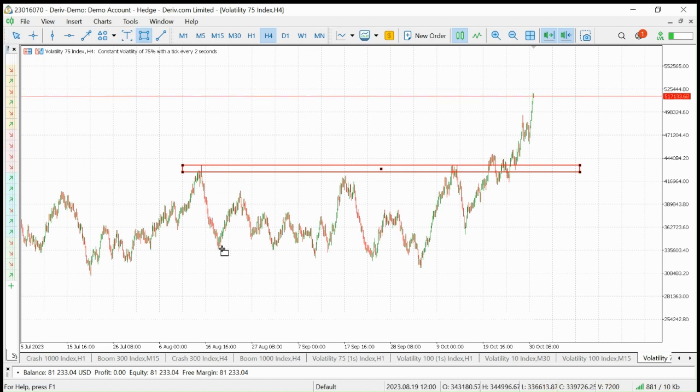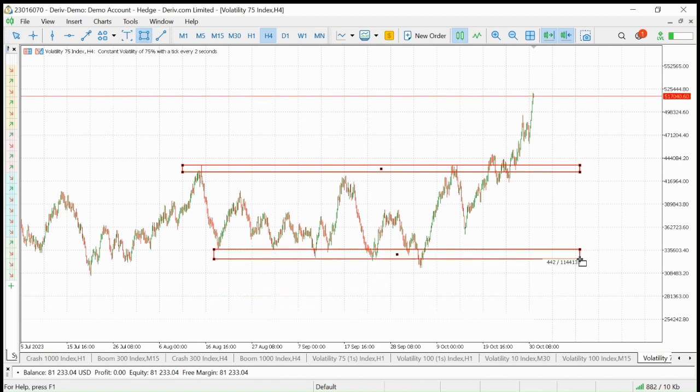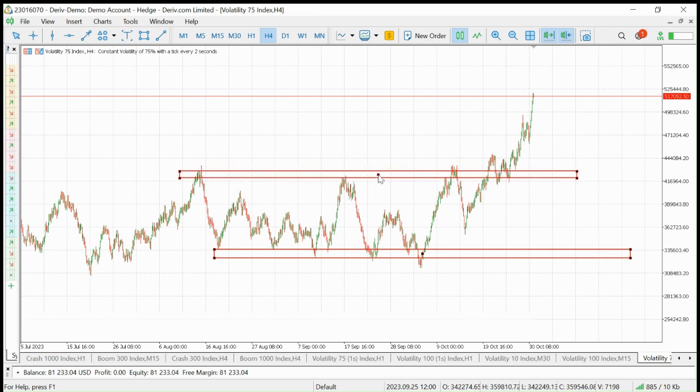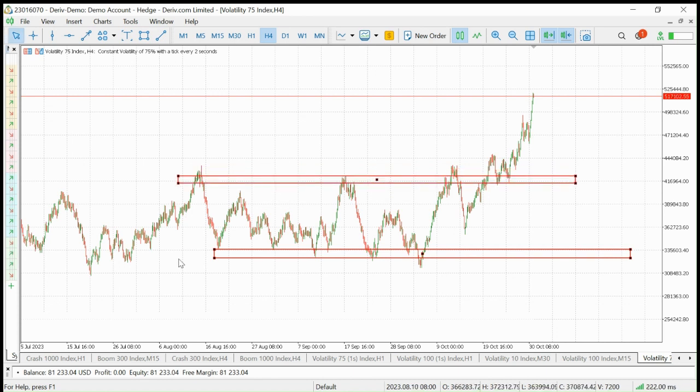Okay, you can also see that down here we've got a resistance point. So here we can already see that I'll try and adjust this. We can already see what happened here. Price was just consolidating within this movement, and what actually then happened is we did break out and then came to retest twice on this resistance level, and then we went all the way up.